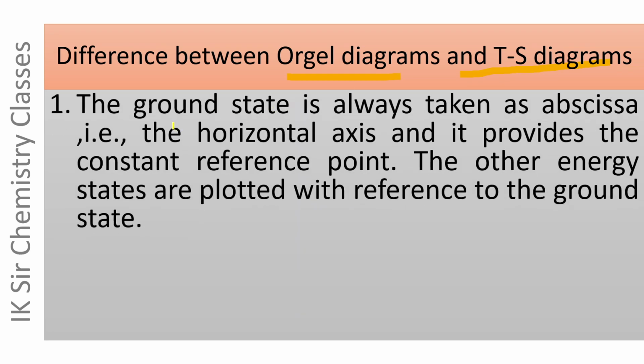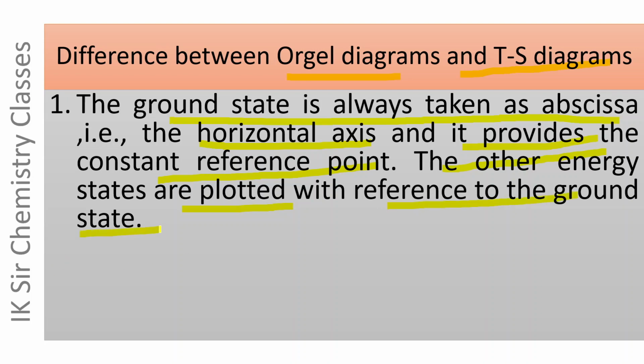In the TS diagrams, that is Tanabe Sugano diagrams, the ground state is always taken as abscissa, that is horizontal axis, that is x-axis, and it provides the constant reference point. The other energy states are plotted with reference to the ground state.